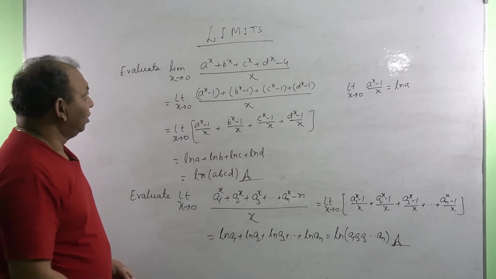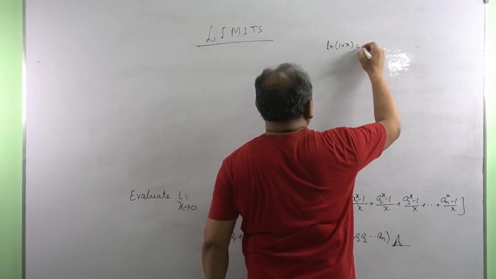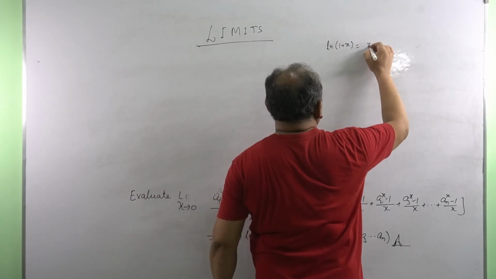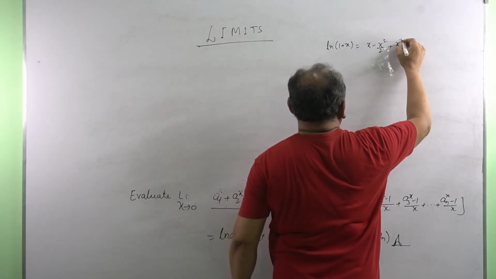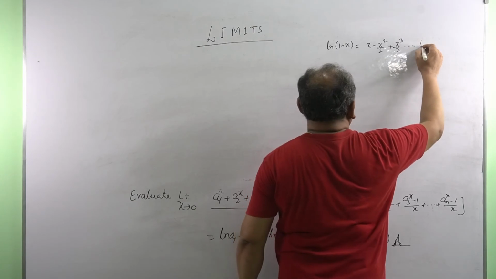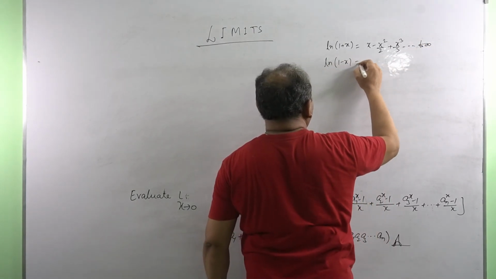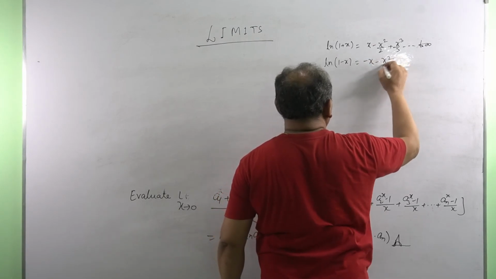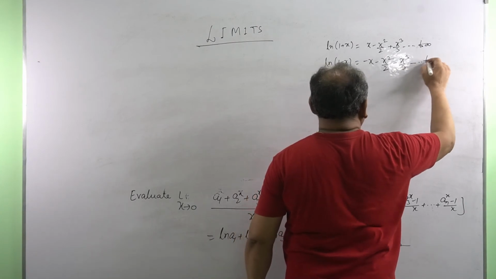Now let's prove another formula. Ln(1 plus x) is equal to x minus x square upon 2 plus x cube upon 3 minus dot dot to infinity, and ln(1 minus x) is equal to negative x minus x square by 2 minus x cube by 3 minus dot dot to infinity.